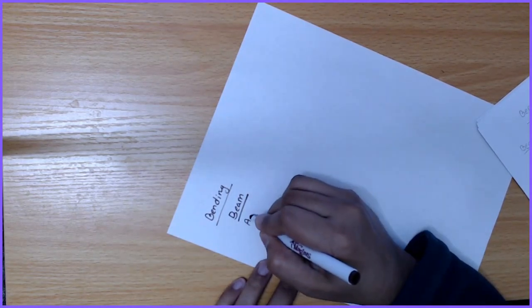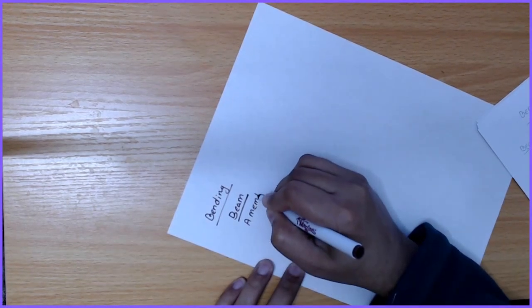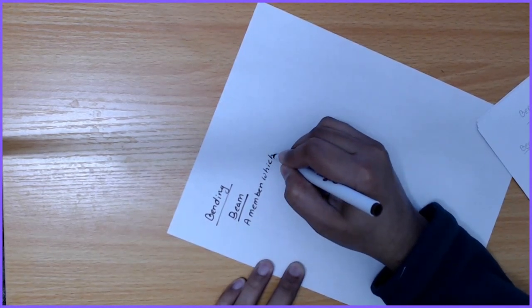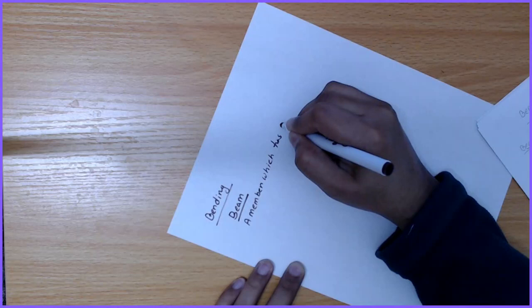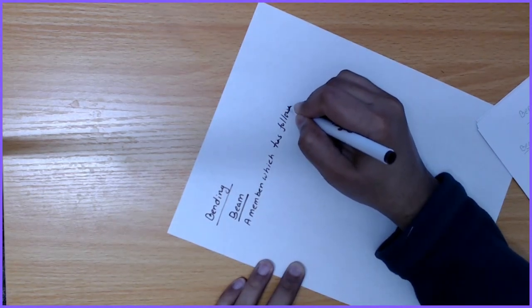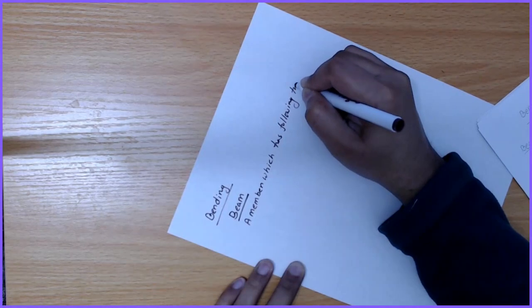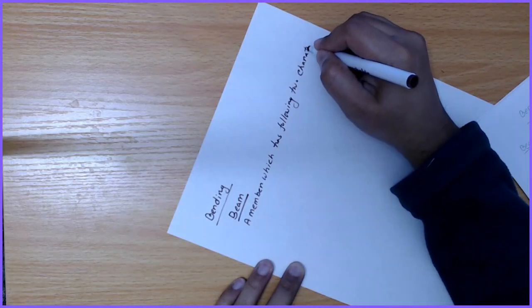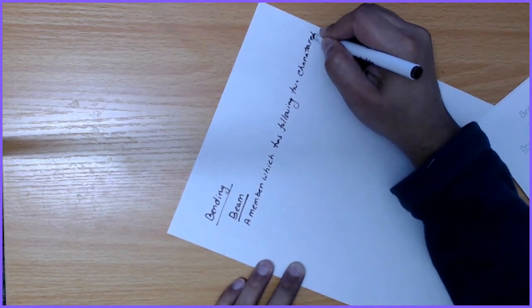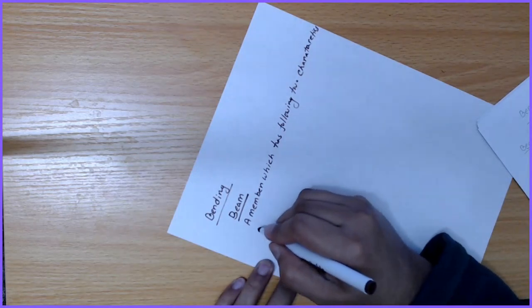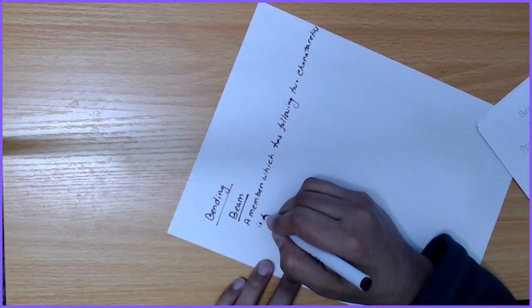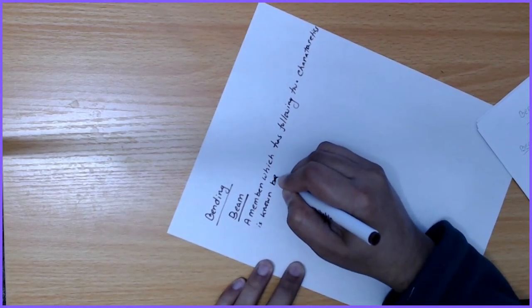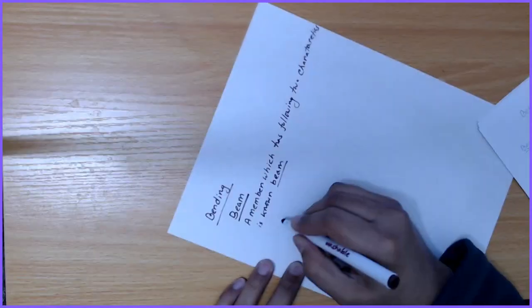A member which has the following two characteristics is known as a beam. So what are the characteristics?